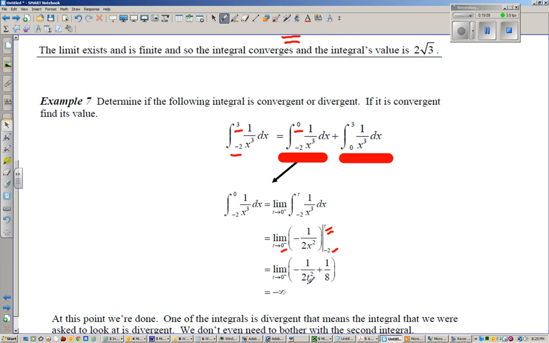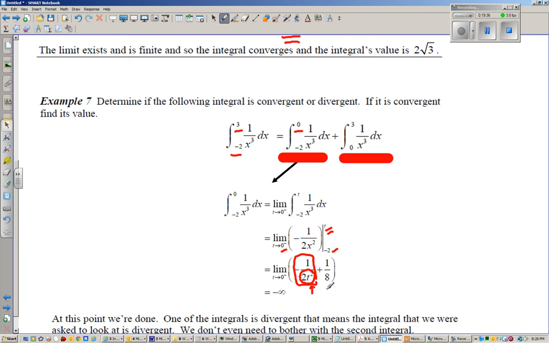As t goes to 0, this denominator gets very, very small, forcing itself into the numerator more and more times. The smaller the 2t squared gets, the bigger this value gets. In fact, it gets more and more negative.